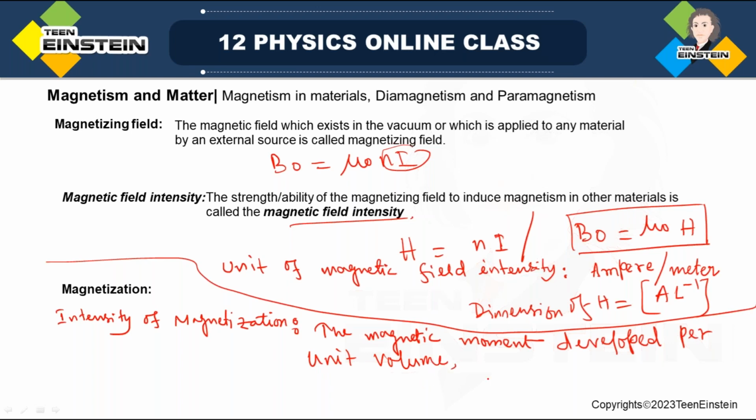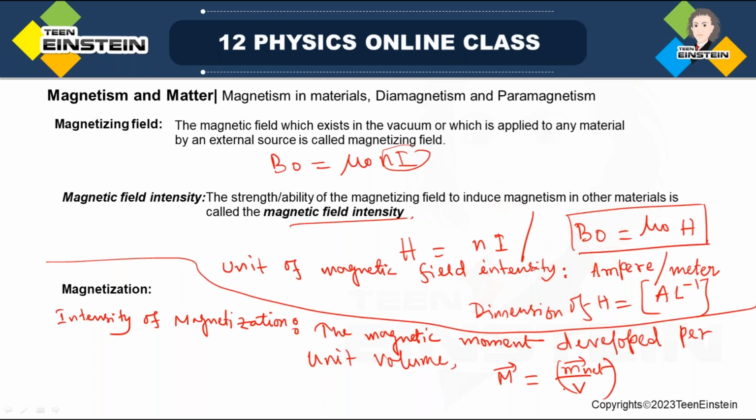If I write it mathematically, magnetic moment is denoted by small m, and it is a vector quantity. So magnetization is the net magnetic moment divided by volume.